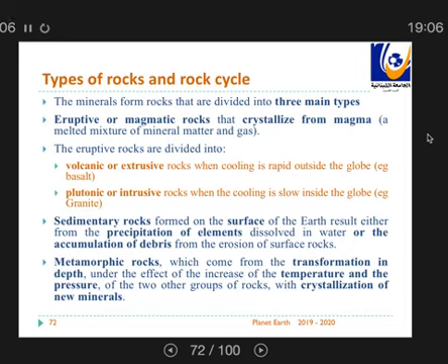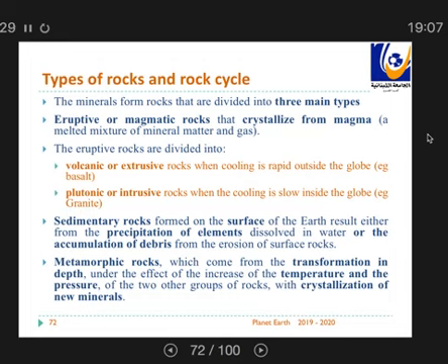And here we have two types of magmatic rocks: volcanic or extrusive, which are the rocks that cool rapidly outside, and plutonic or intrusive rocks, which cool down slowly inside the globe.